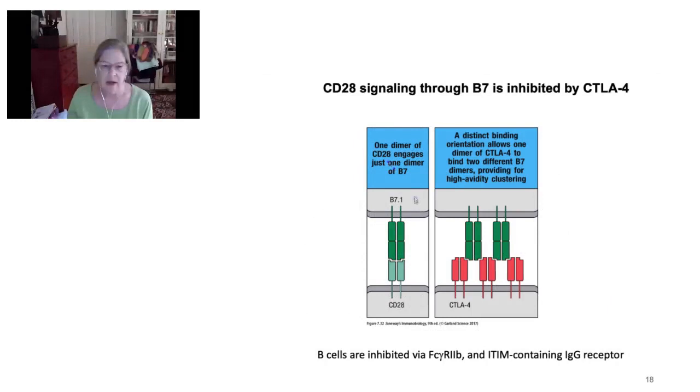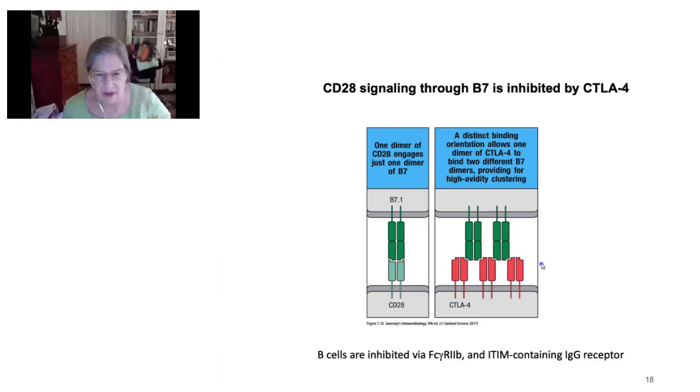Now, again, there's a way of blocking that T cell activation, and that is that CD28 can get replaced with CTLA-4. And that's when the T cell is basically saying, okay, I need to shut down this signaling.